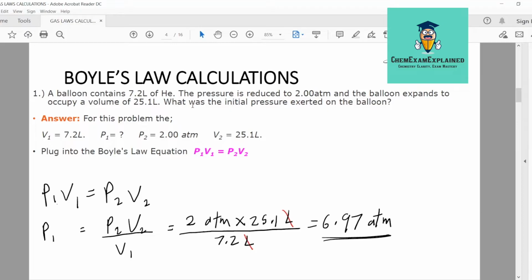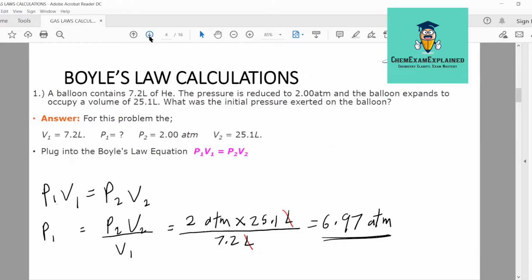And so the question asks, what was the initial pressure exerted on the balloon? So the initial pressure exerted on the balloon was 6.97 atmosphere. Remember, it's easy to convert from atmosphere to Pascal, because 1 atmosphere is equal to 1.01 times 10 to the 5th Pascal.